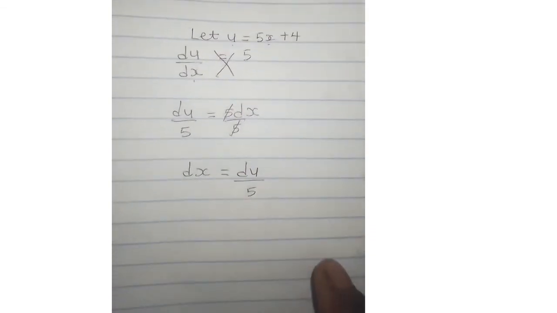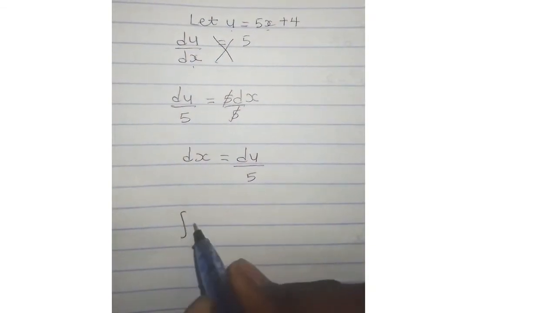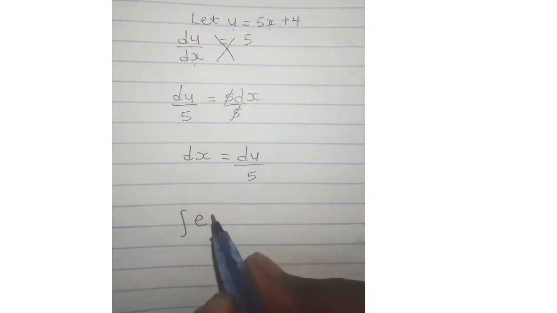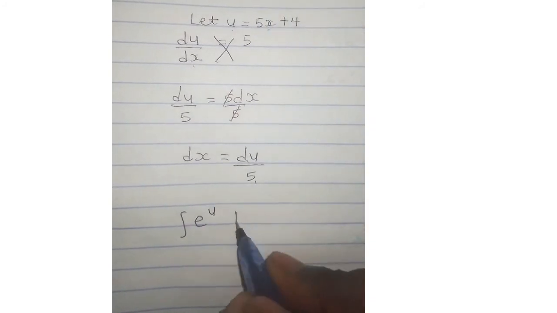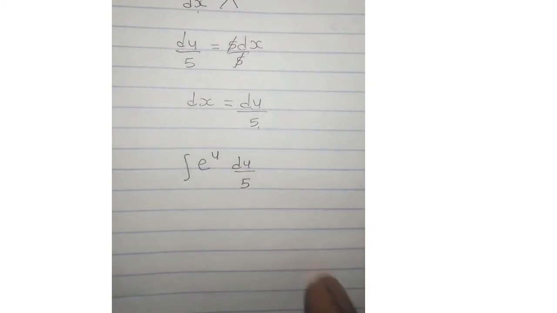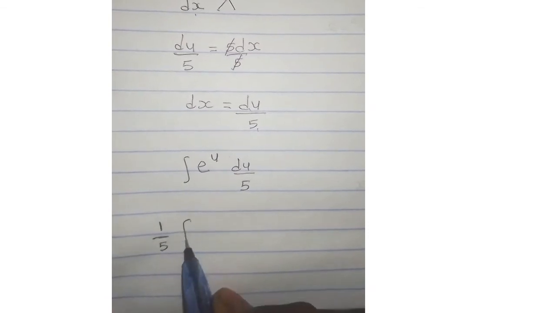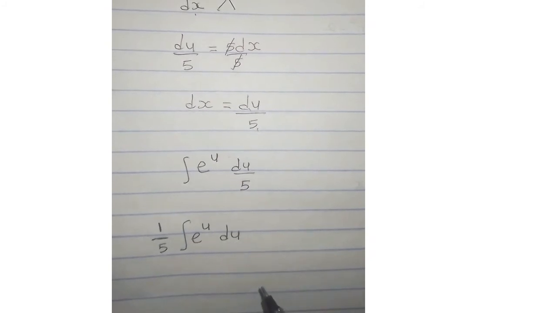Now we can rewrite this to be the integral of, in place of 5x plus 4, put our u, and in place of dx, we put du over 5. This can also be written as 1/5 the integral of exponential u du. And recall that when we integrate an exponential, we're going to have exponential.